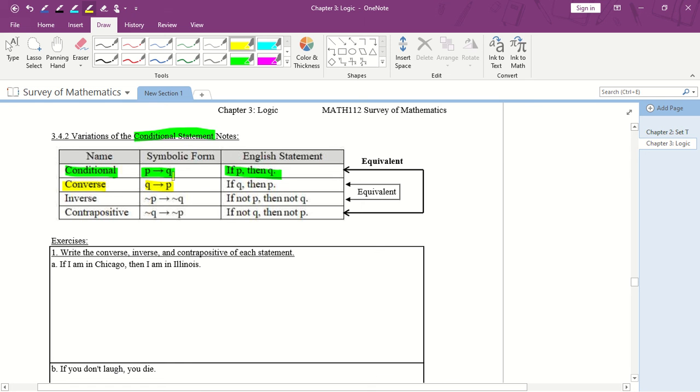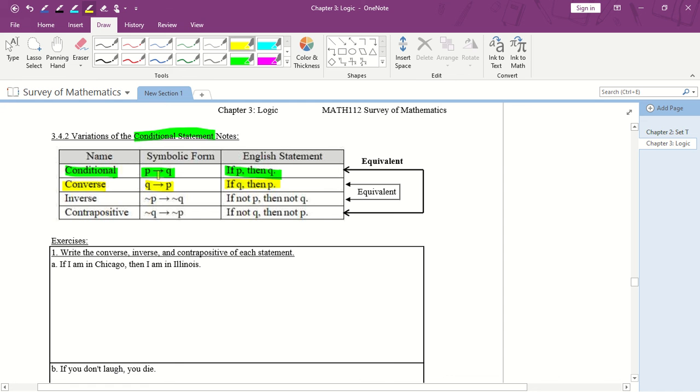And of course, we learned that P to Q is not equivalent to Q to P, as we learned on page 4. Just now we have gone through it, right? And here it is Q to P, which is if Q then P. Remember, this is the conditional as what we learned, and it is the converse of the original statement.